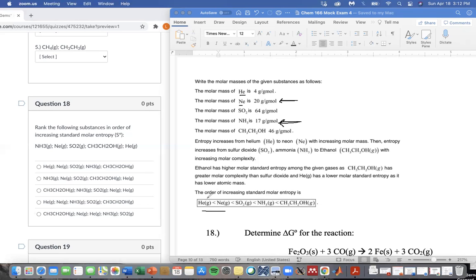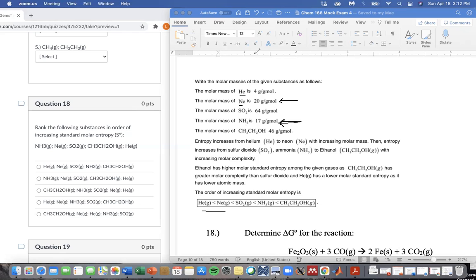These two are comparable just because of size, but neon is less than NH3. So you would have He first, then Ne next.